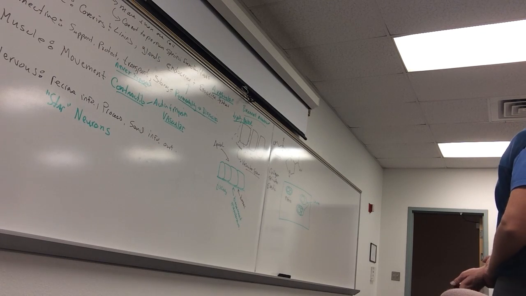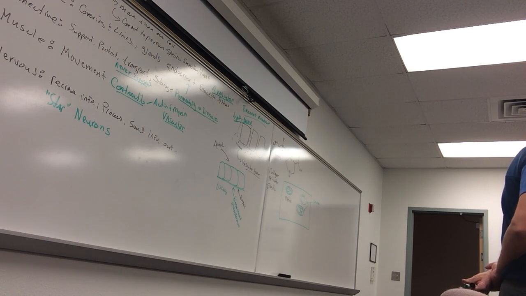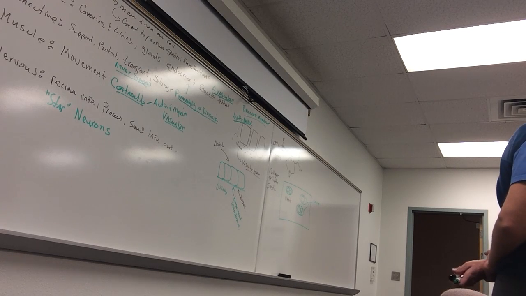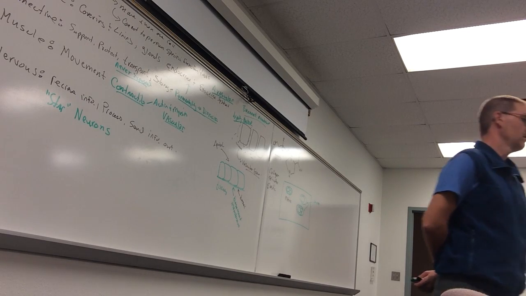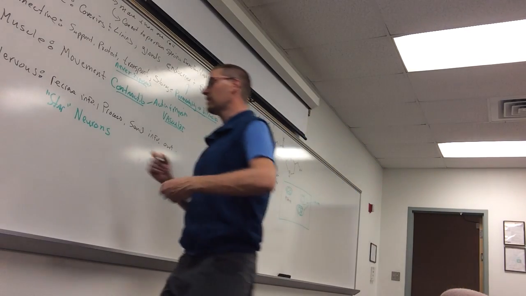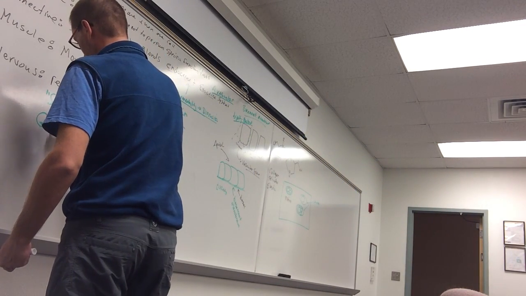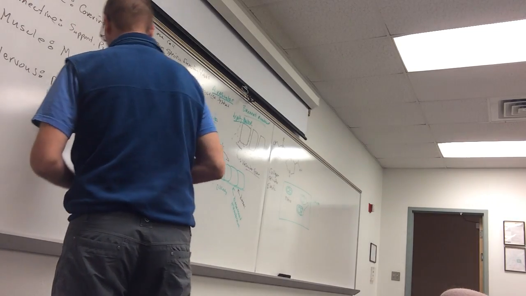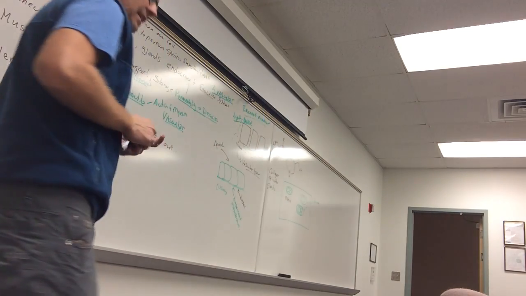But those neurons can't do their job without a whole lot of support, right? And there are support cells around the neurons known as the glial cells. The glial or neuroglial cells, and those are the support cells.